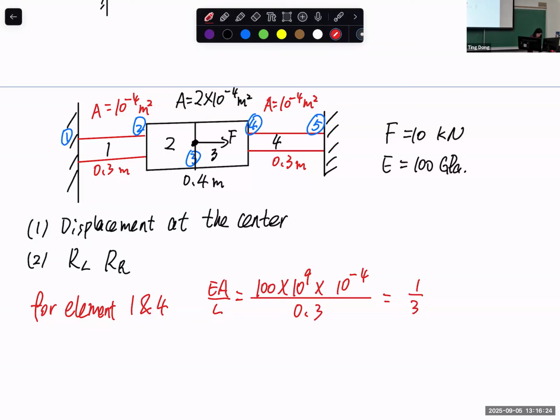So for the first and fourth elements, it is 1/3 times 10 to the 8th Newton per meter.